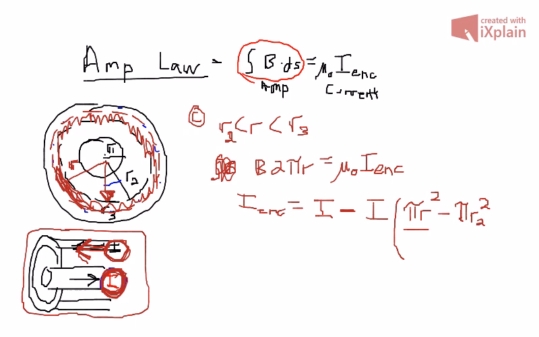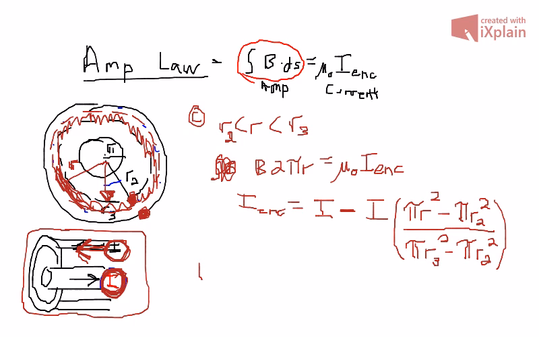But I need to scale this by the total size of this shell. So the total size of this outer shell has to be equal to the outer radius way out here, minus the inner radius portion. So I have pi times r3 squared minus pi times r2 squared.